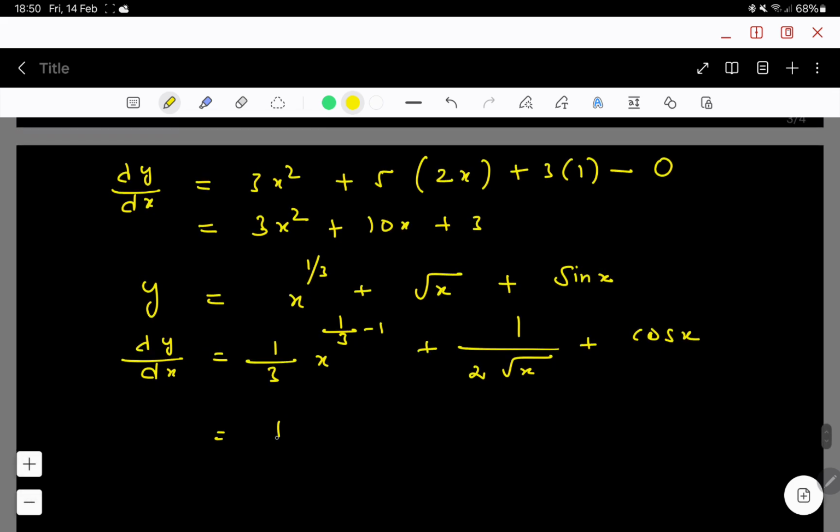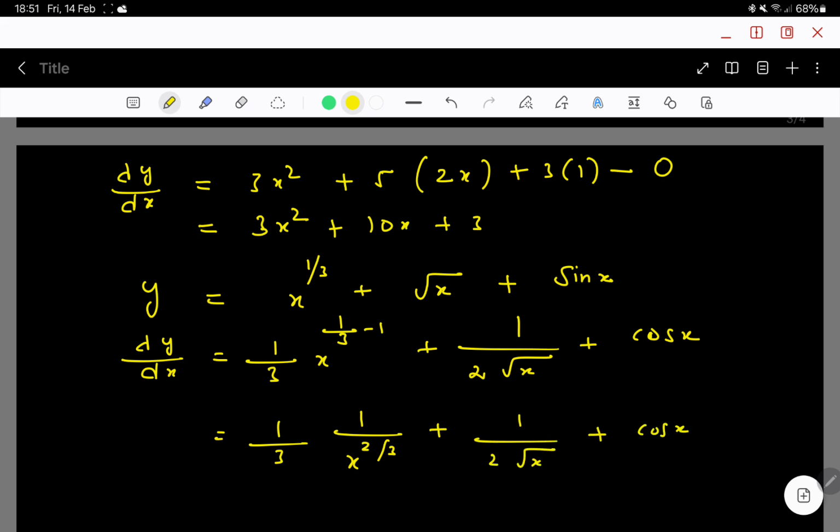Now simplify, so 1 by 3, and now this is 1 by 3 minus 1 is minus 2 by 3, so minus 2 by 3 is written as 1 by x power 2 by 3, okay, plus 1 by 2 root of x plus cos x.